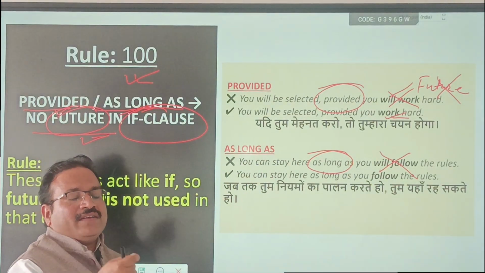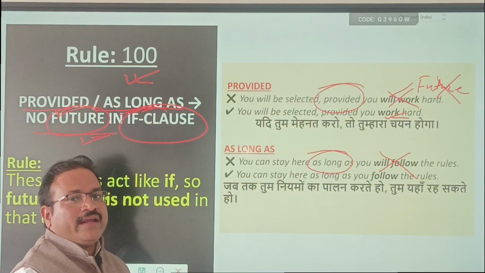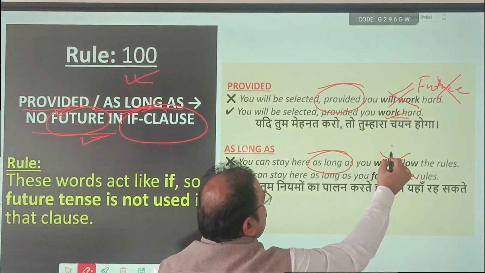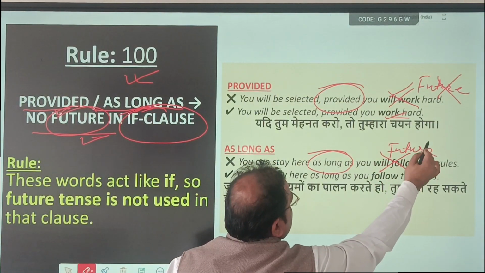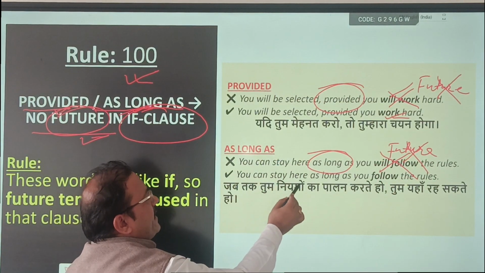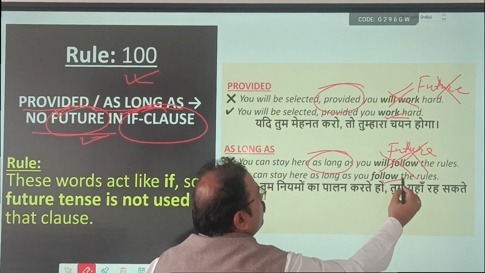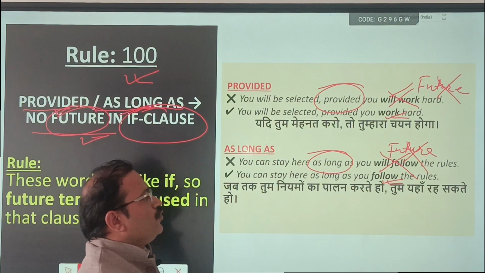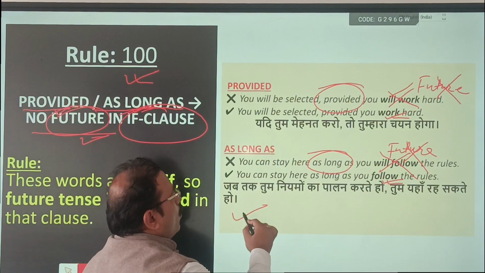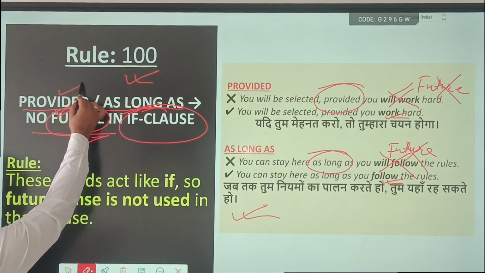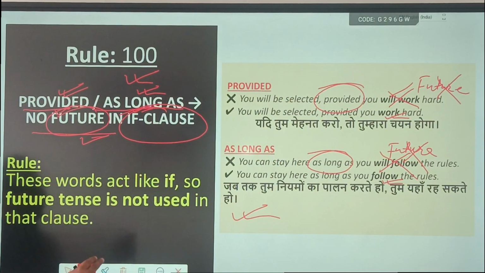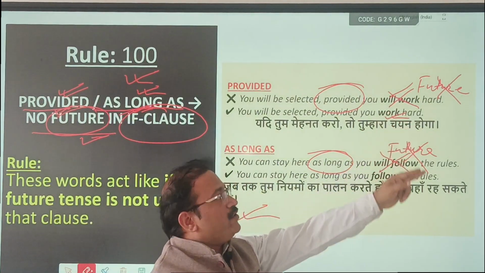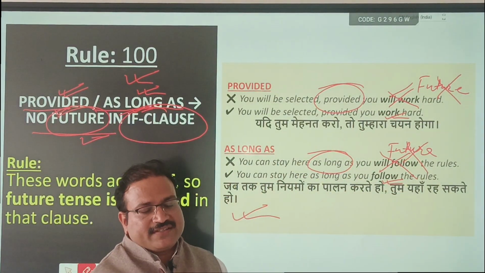When provided and as long as are there in the sentence, it will not be followed by future tense. It will be followed by present tense. You can stay here as long as you follow the rules. जब तक तुम नियमों का पालन करते हो, तुम यहाँ रह सकते हो. So this rule is very important: provided and as long as both will always take present tense, not the future tense.